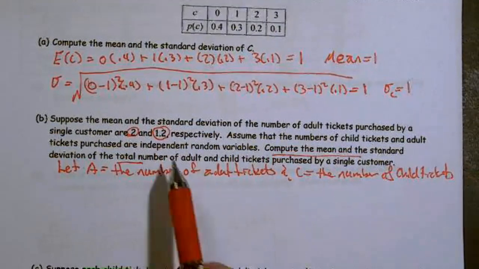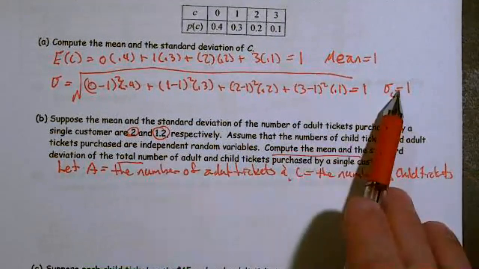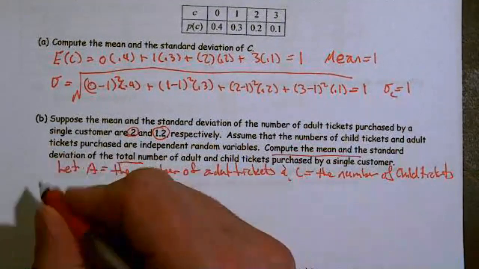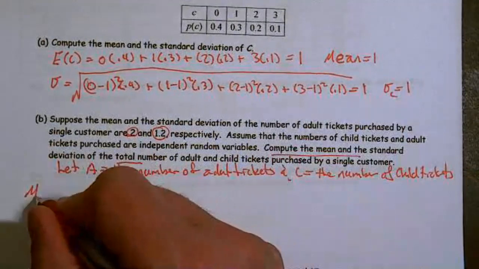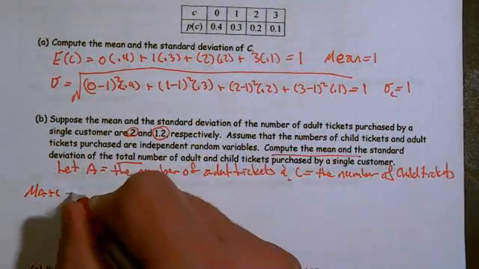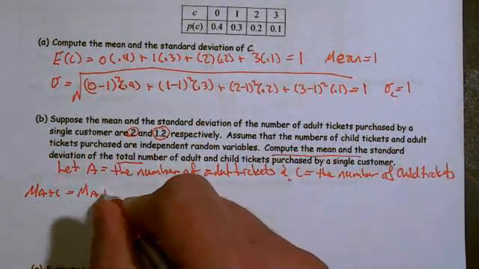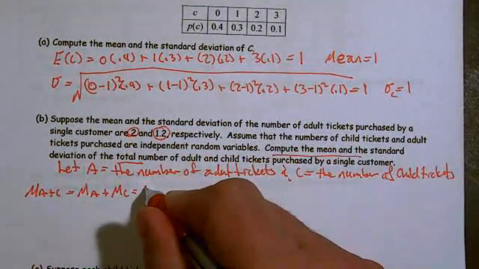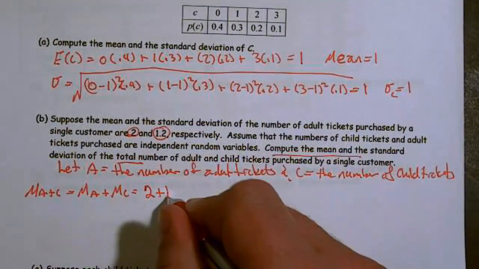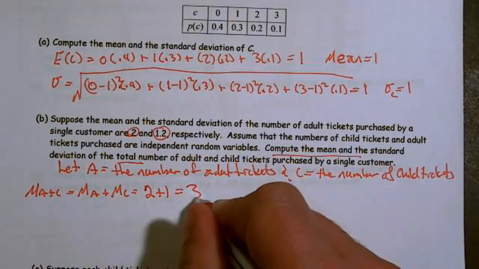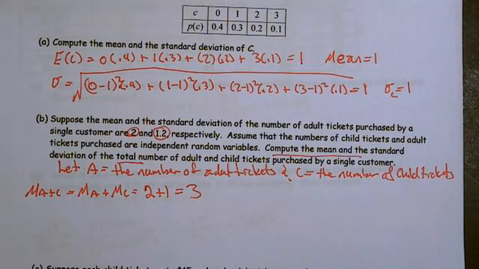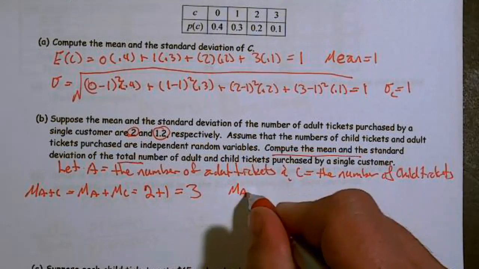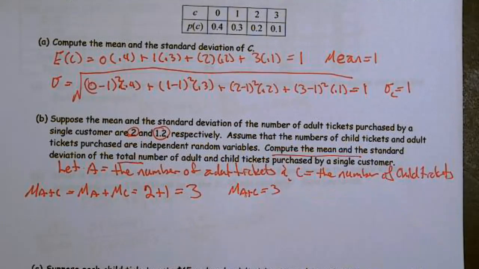Well, the nice thing is we already have the mean of the child, and they tell us the mean of the adult is 2, and we can add means directly. So the mean of the adult plus child equals the mean of the adult plus the mean of the child, which equals 2 plus 1, which equals 3. So that's really easy.